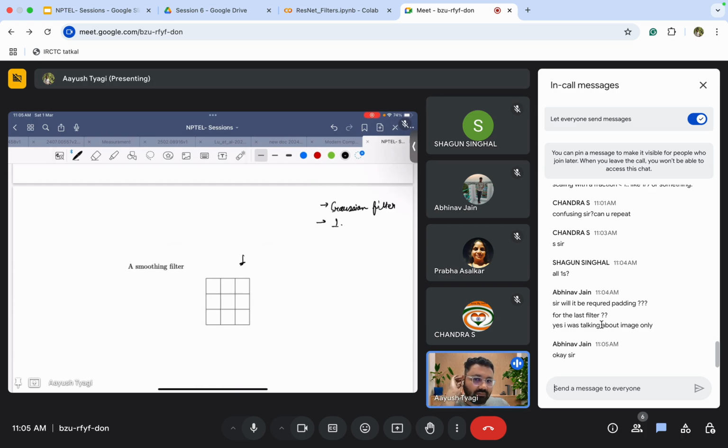Okay. So we were at the smoothing filter. Any guesses? Maybe some sort of a mean filtering, all ones. Makes sense, right? What it does is it creates some sort of an averaging effect.